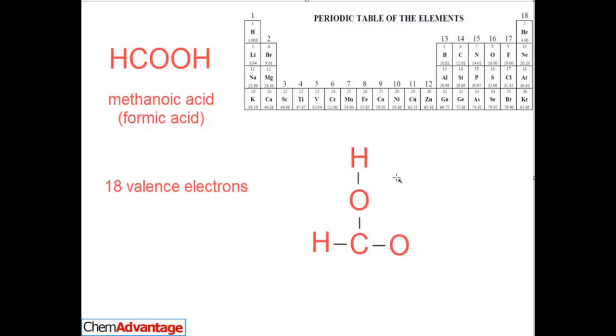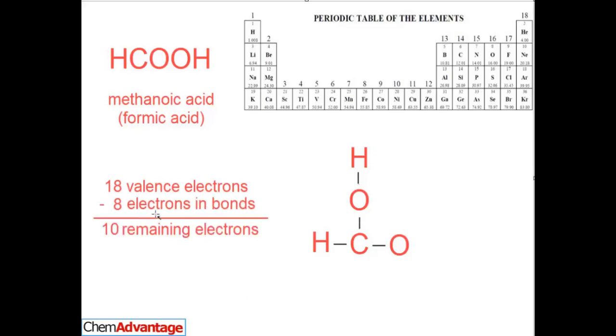Okay, now, the next step is drawing the bonds between these things, just as we always did. And we put a single line between each one of these things that represents 2 electrons. So that's going to simplify things for us because we have 2, 4, 6, 8. We've got a total of 8 electrons already taken care of, and those 8 electrons are in our bonds. So we have 10 remaining electrons to distribute.